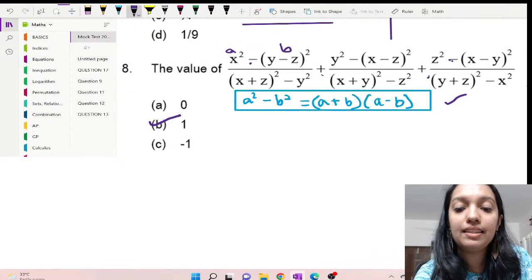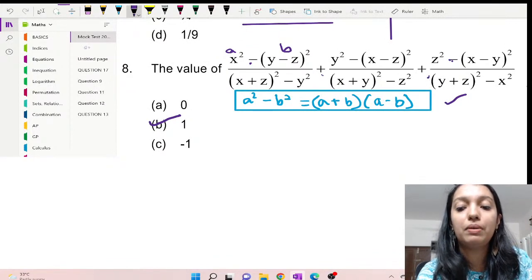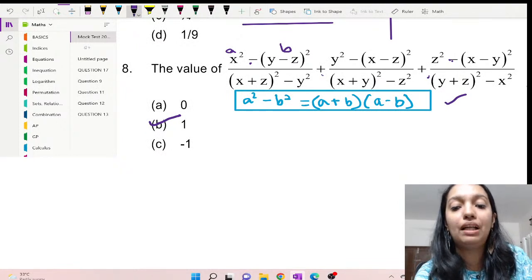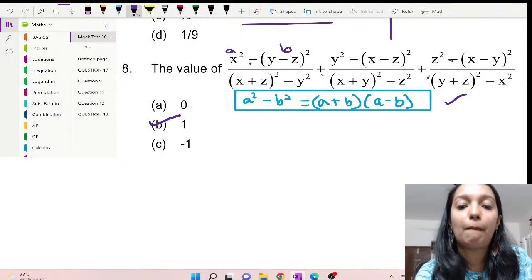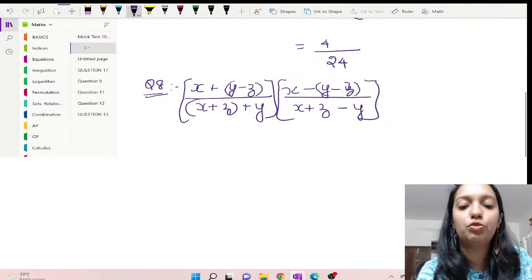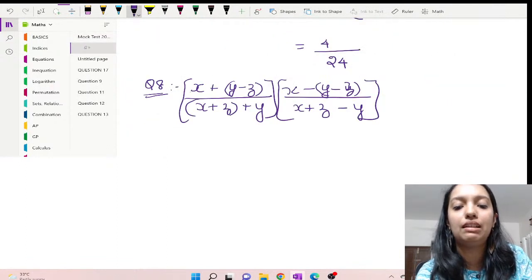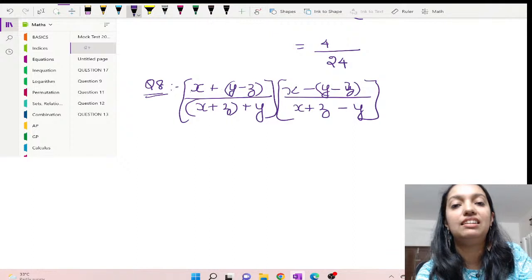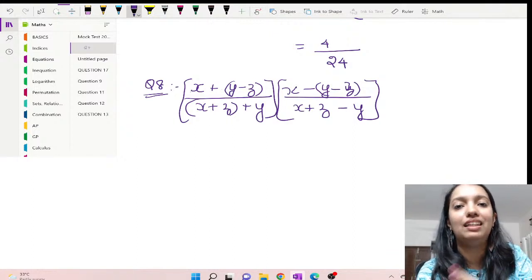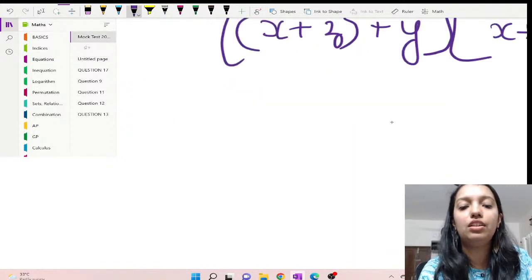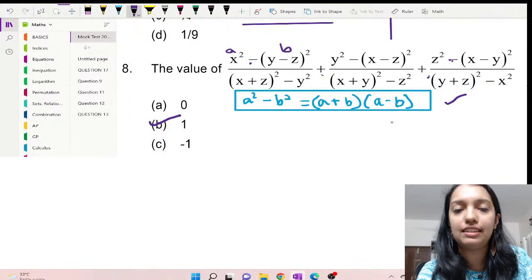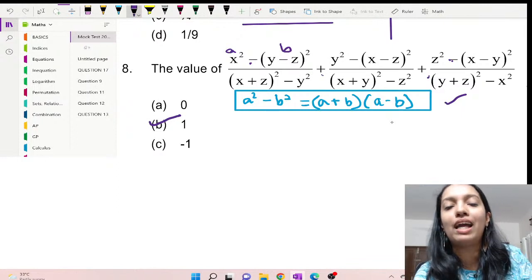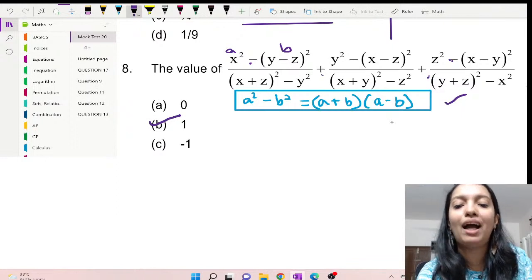A square minus b square is a plus b into a minus b. Correct? So it will be x plus these, x minus these. So that's what I have written here. A plus these, a minus these. Similarly, even in the denominator, I have substituted this part. I have considered this as a, this as b. So it will be this plus y into this minus y.